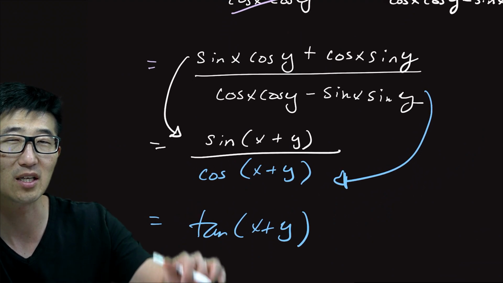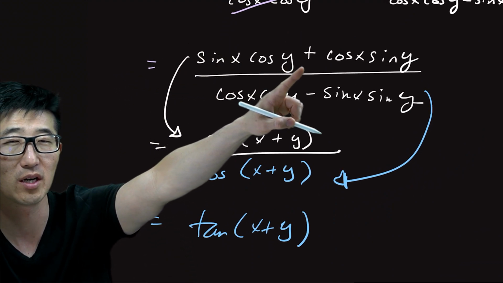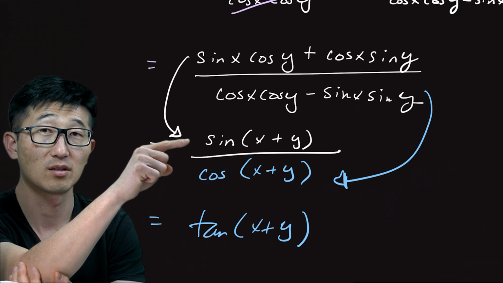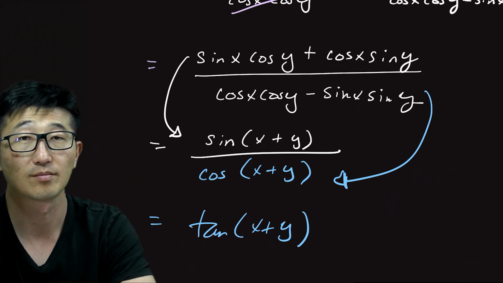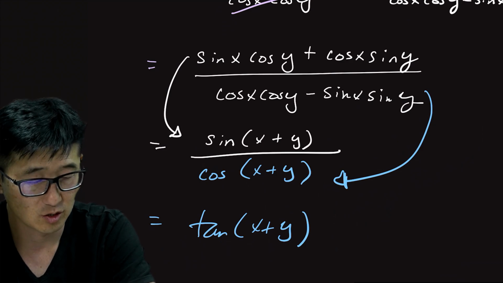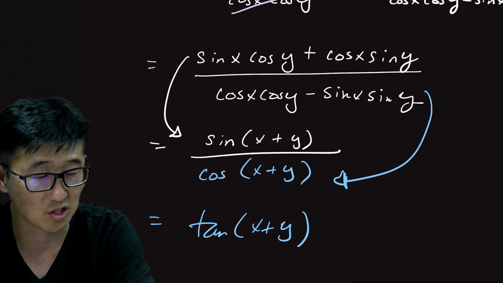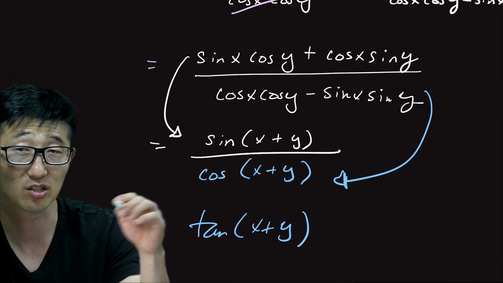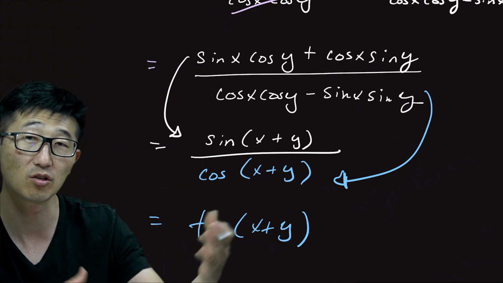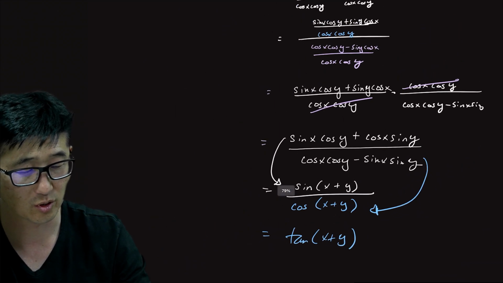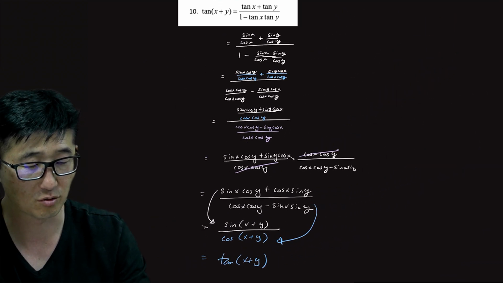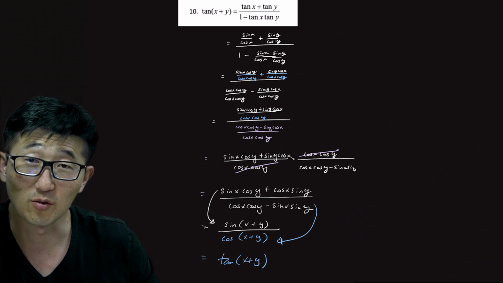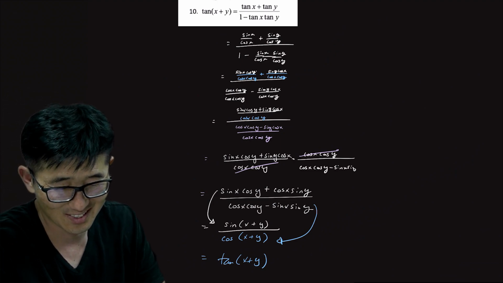But you have to recognize that sine x cosine y, cosine x sine y is basically this guy right here. So you have to know the formulas. She just basically wanted you to actually derive it. All of these are derived. One guy just sat there and kept on going, and it's like, oh, here's another one. So they're seeing if we can follow through with that. Well, you can definitely rewatch the video.